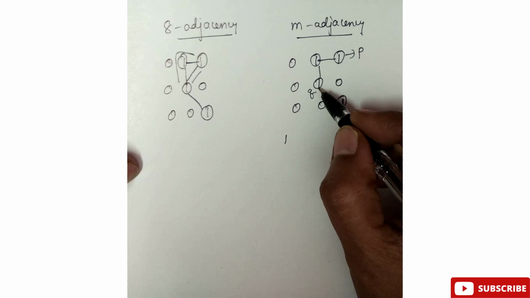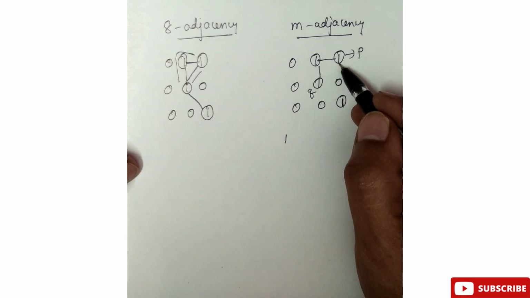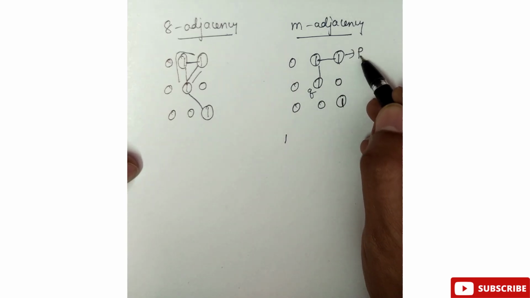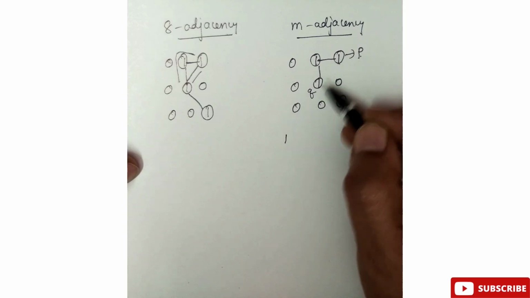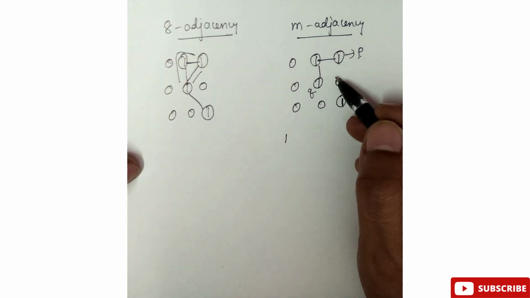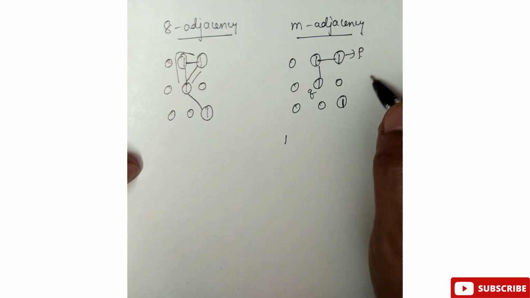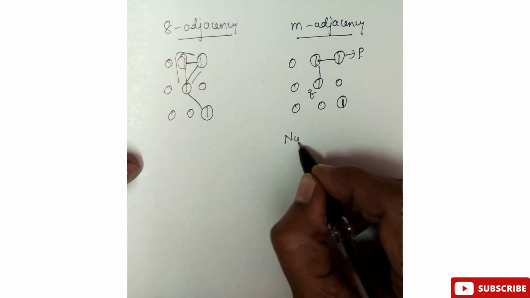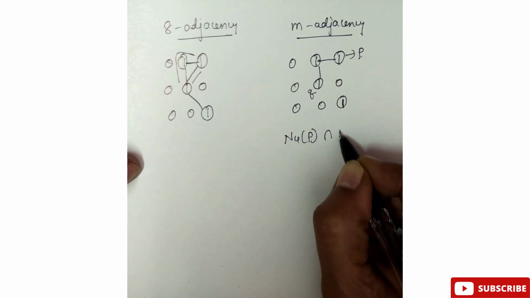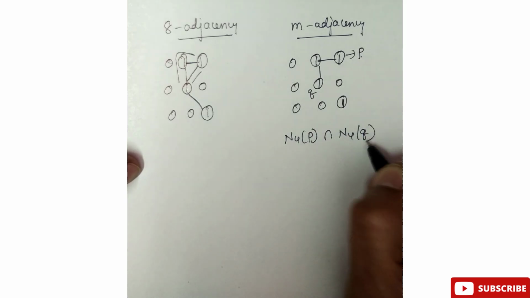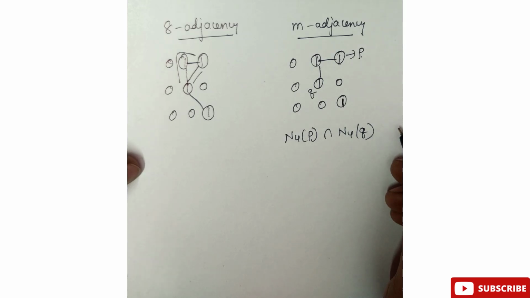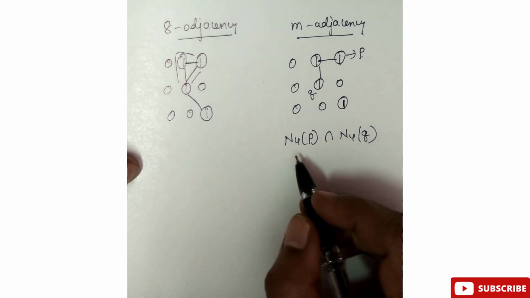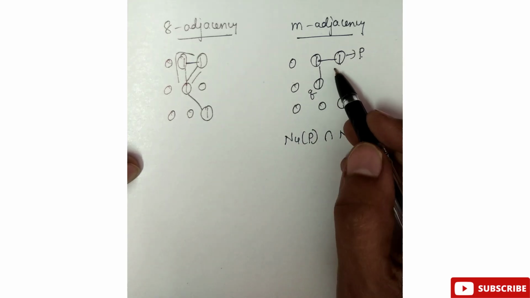See, this Q is in ND of P. This is P and this is Q. Q is in ND of P, no problem. But along with that ND of P condition, the condition is N4 of P intersection N4 of Q must not have any values in V. Okay, yes, the first condition is okay.